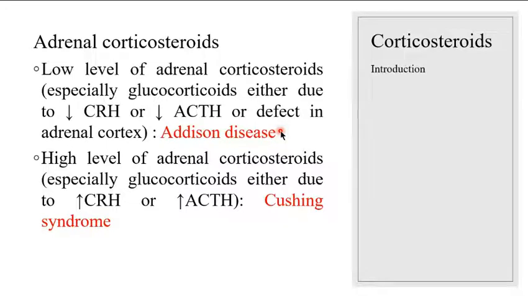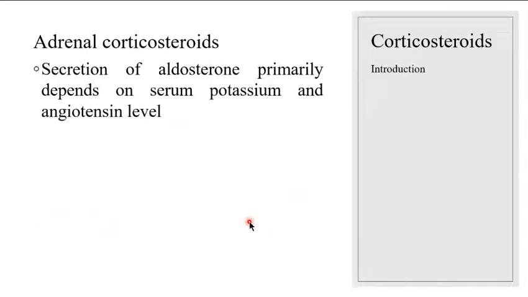Contrary to this, whenever the level of corticosteroids is high in the serum, it leads to a syndrome known as Cushing's syndrome. Now, those two, Addison's disease and Cushing's syndrome, are associated with glucocorticoids.